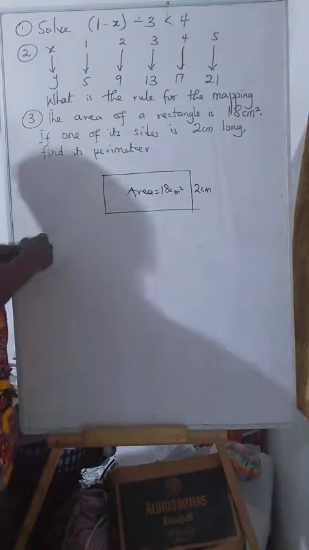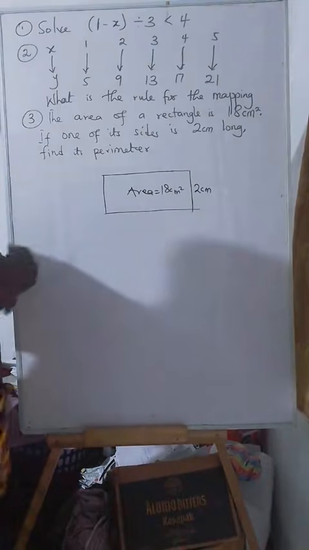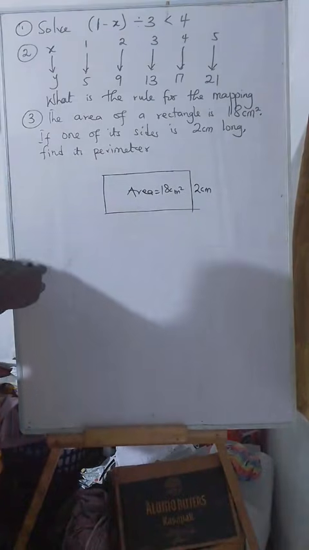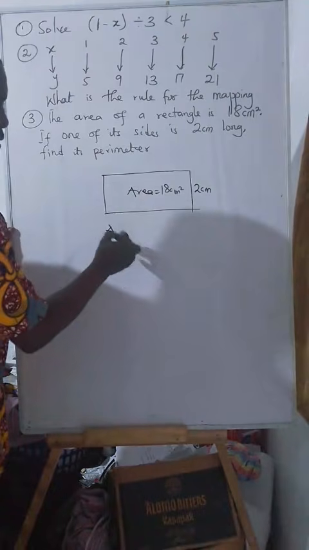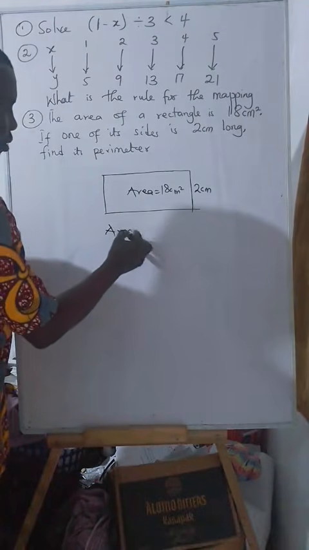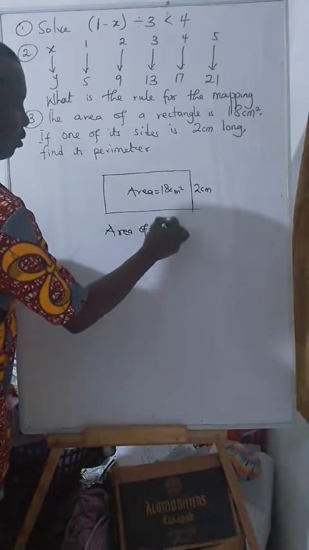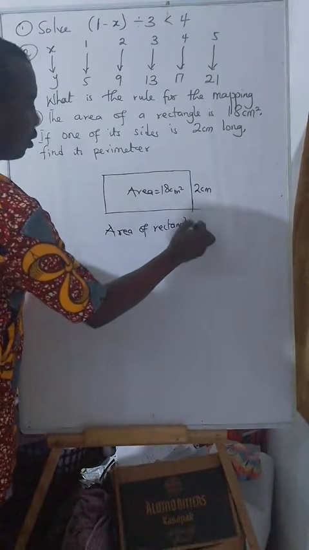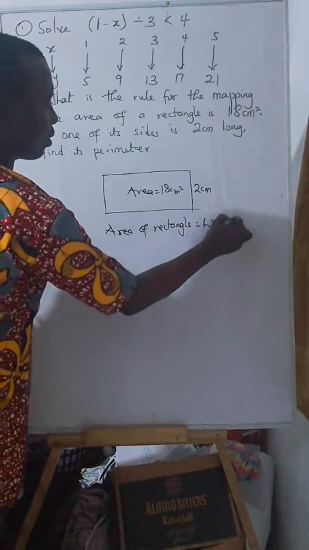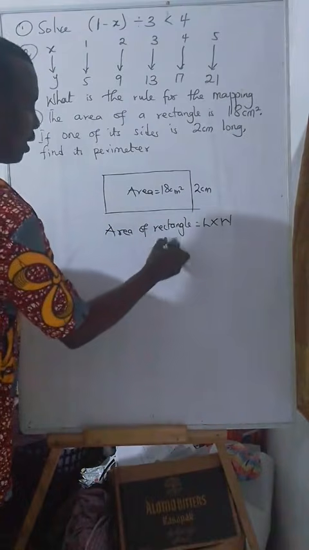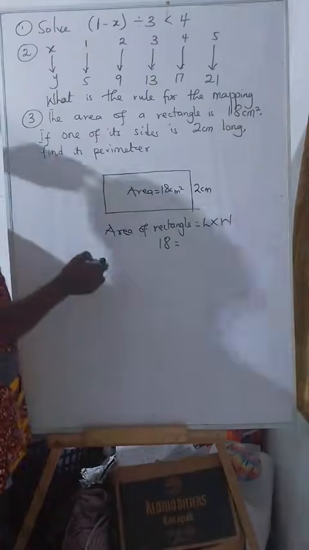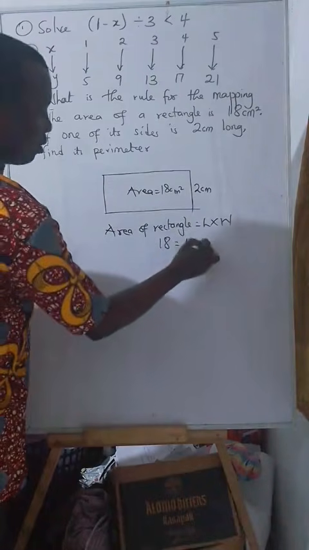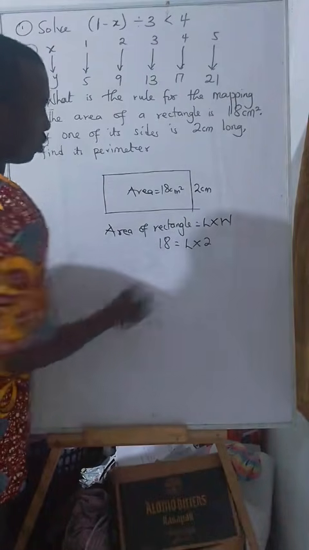To find the perimeter, you need the length of the rectangle, but we can use the area to get it. So area of rectangle is the length times the width. So the area is 18, the length is not there, so that's L, then the width is 2.